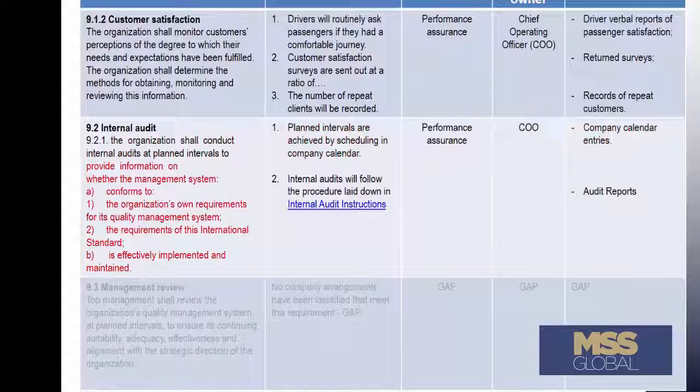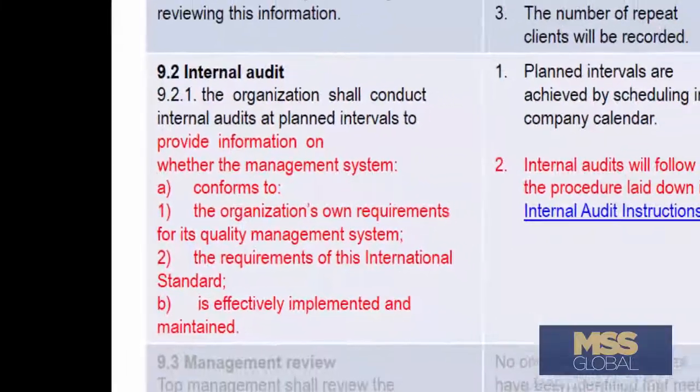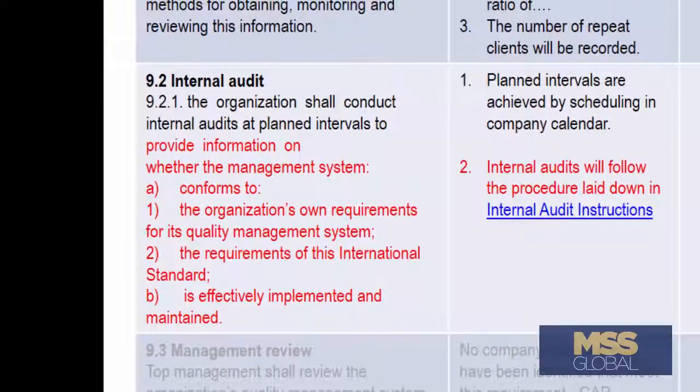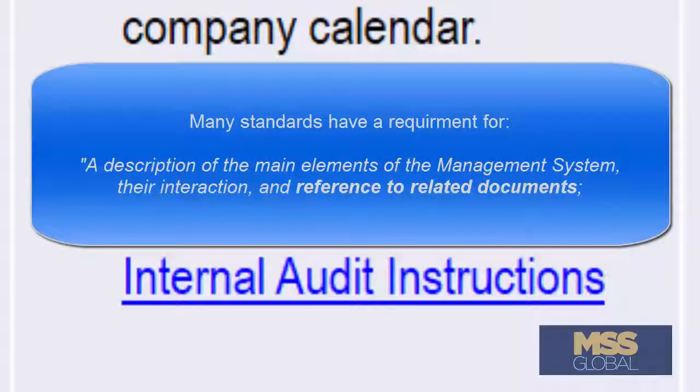The next requirement within this particular clause is quite complex and quite in depth, and so rather than put too much information in this particular column, internal controls, I've detailed the instructions for how we will do internal audits in my organisation on a particular document, and we've called it the internal audit instruction document. As you can see here, there is a hyperlink included, or just a reference, so people know where to go.